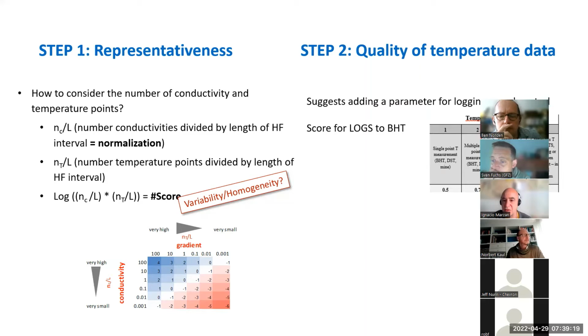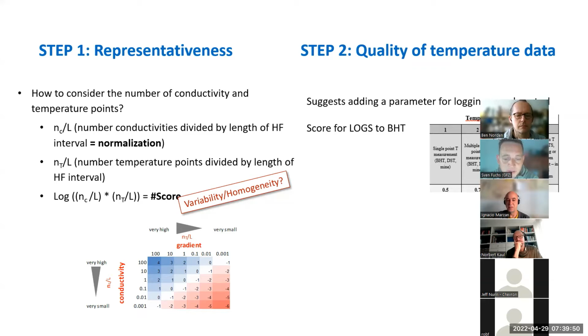Is it so common that it needs a special case, or can it be introduced or merged with multiple? Because I don't know if this is very common. Usually you have 2 or 3, 4 in BHT profiles or BHT logs.